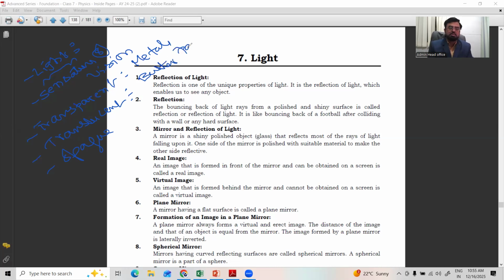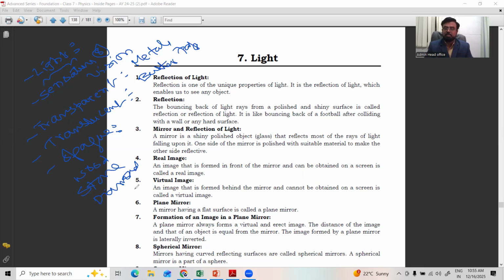And the last one is the substances which do not allow the light to pass through them, like stone, wood, diamond, the opaque substances, right? Clear? So all the materials available in and around us, depending on how the light behaves in their presence, are classified into transparent, translucent, and opaque substances.